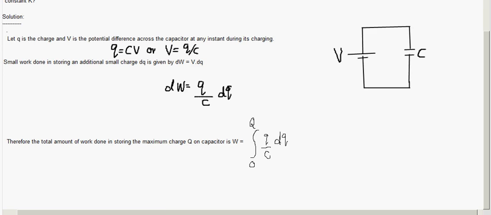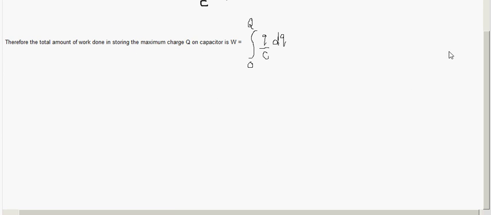Integrate this. 1 by C is constant, so we can take it out. The integration of q dq is q square by 2, and put the limits from 0 to capital Q.